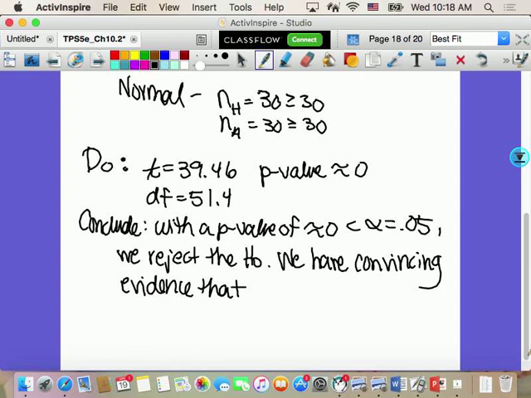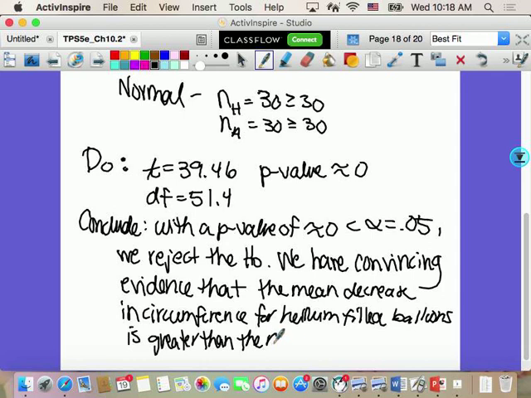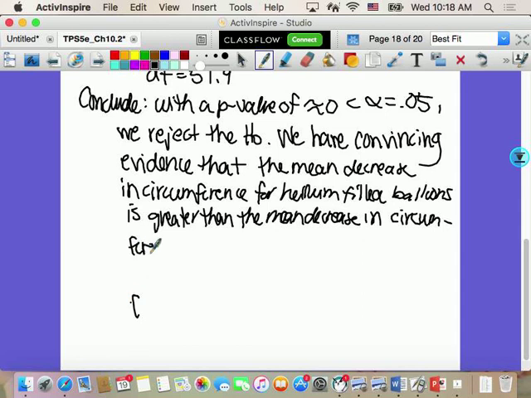We have convincing evidence that the mean decrease in circumference for helium-filled balloons is greater than the mean decrease in circumference for air-filled balloons.